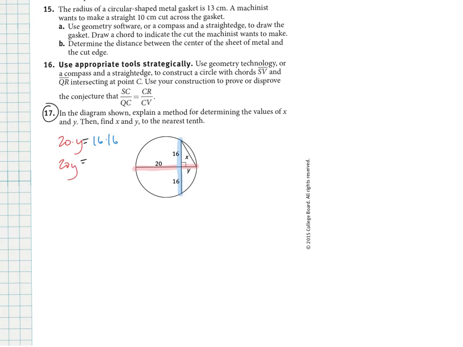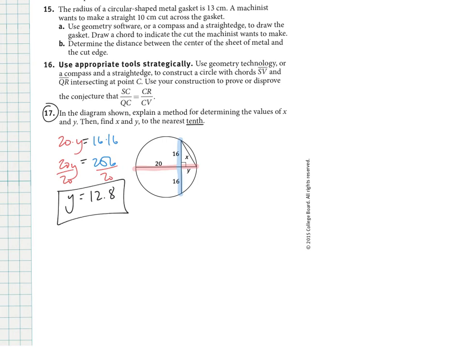Well, 16 squared is going to give us 256. And then when I take 256 and divide both sides by 20, I'm going to get y equals around 12.8. It does say to the nearest tenth, so it's looking good so far. So I found out what y is.